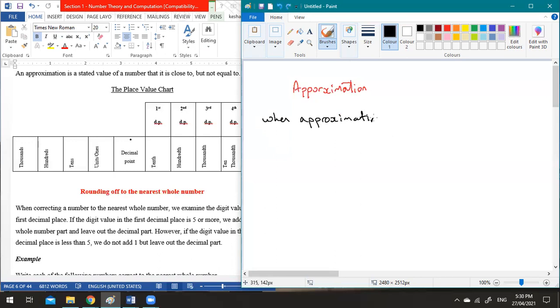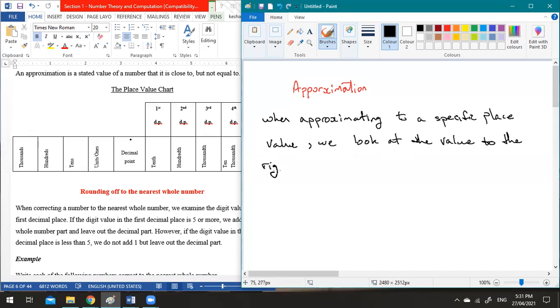So we're going to be approximating to a specific place value. When we approximate to a specific place value, we look at the value to the right of it.